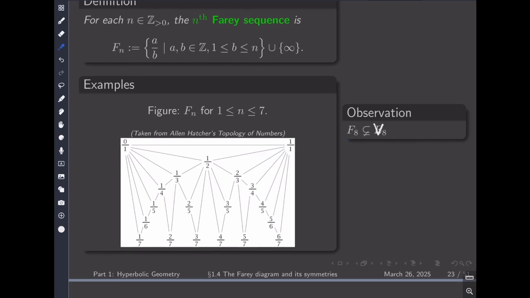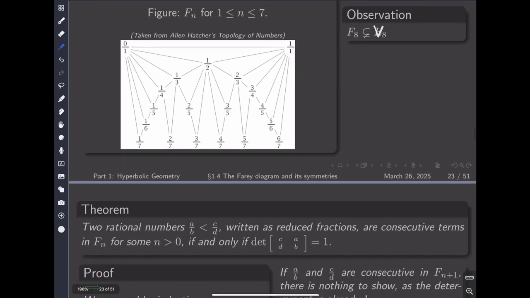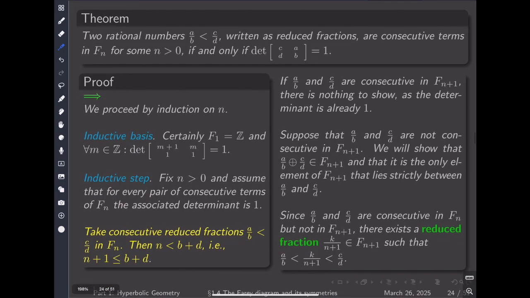So at least intuitively it looks like we construct Fn plus 1 from Fn. I have to prove it, but let me tell you what is going to happen.